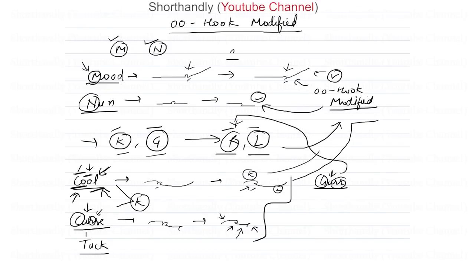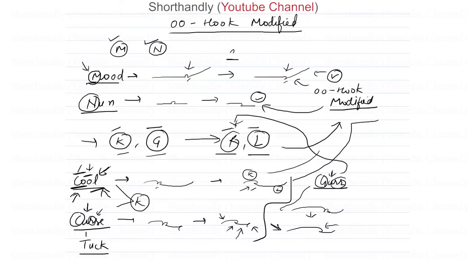So instead of making the gur word like this, we can make the gur word simply like this. So you see we used hook modified here to avoid the inconvenience while writing. This method is more quick, so that's why we have to follow this method.